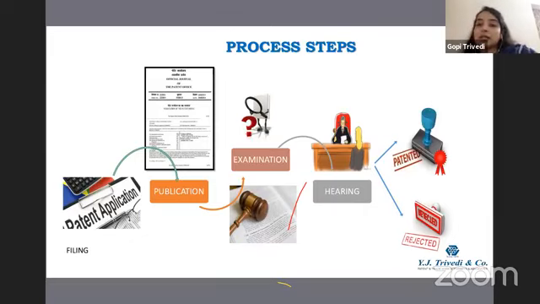The third stage would be examination. The fourth stage, which is optional, but most of the time it is actionable, is hearing of the patent application. And my last stage is the order of the patent, which can be positive, that is patented, or negative, which is rejected. So these are the broader steps covered in patent prosecution.